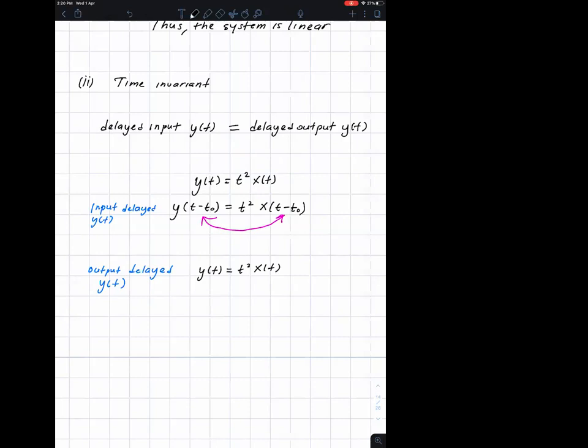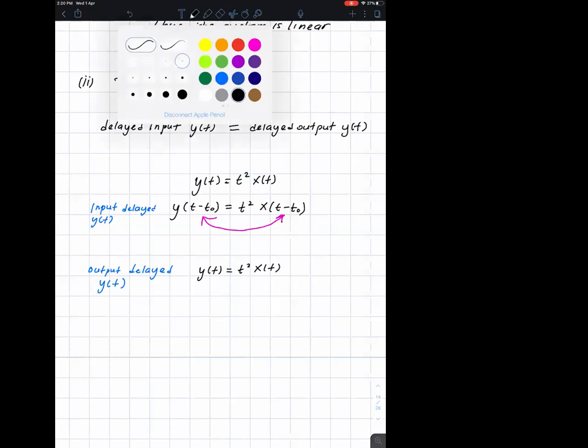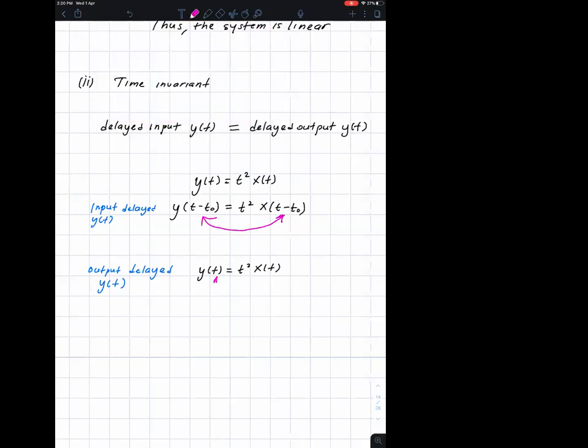So now I'm going to delay the output. This is the output, right? The output is here. I'm going to delay this. That means I'm going to replace the t with t minus t naught.